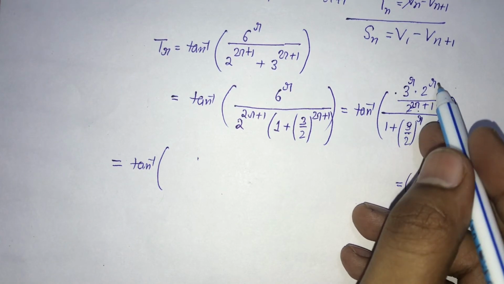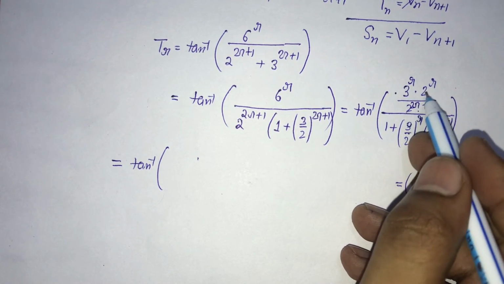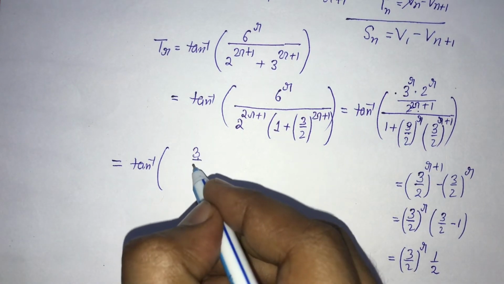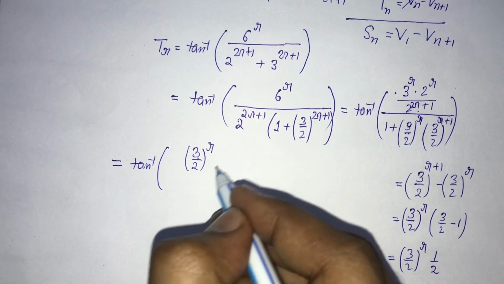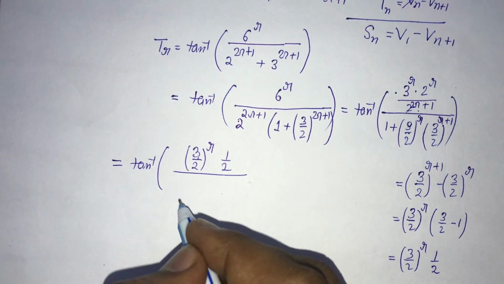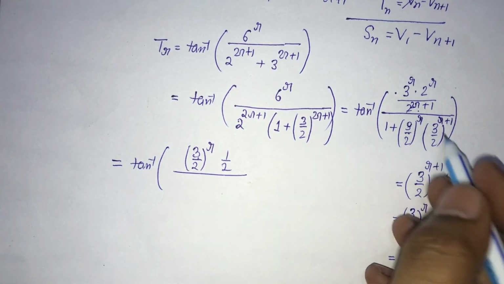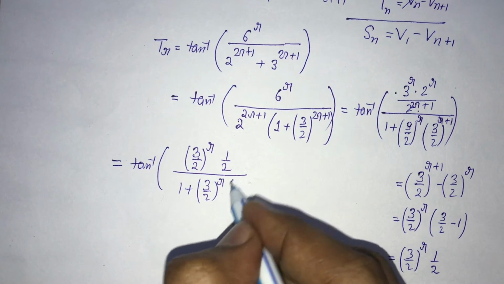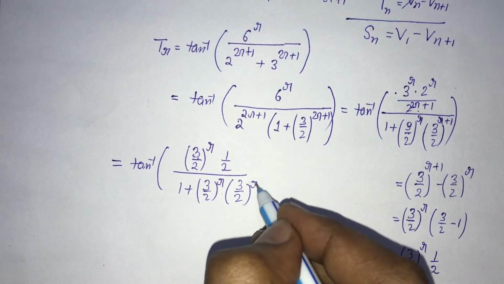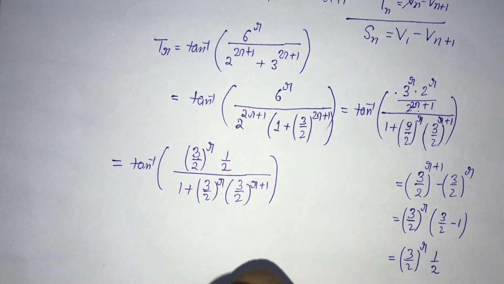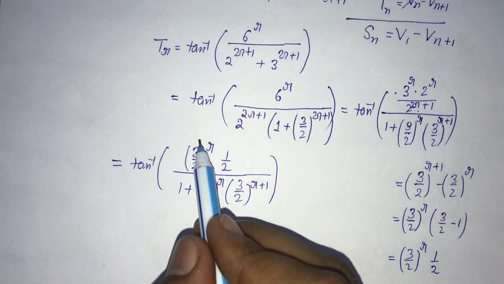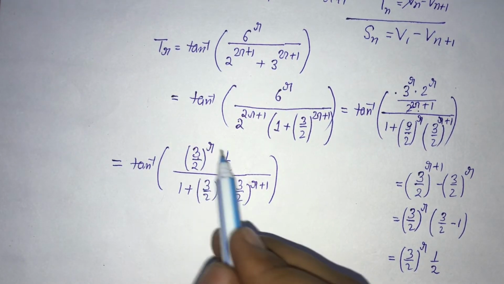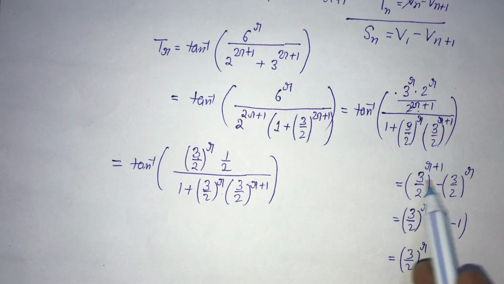So 2 raised power 2r and 2 raised power r, it will give you 3 by 2 raised power r into 1 by 2, and in denominator it is 1 plus 3 by 2 raised power r, 3 by 2 raised power r plus 1. So what you are looking, this is the difference of these two.